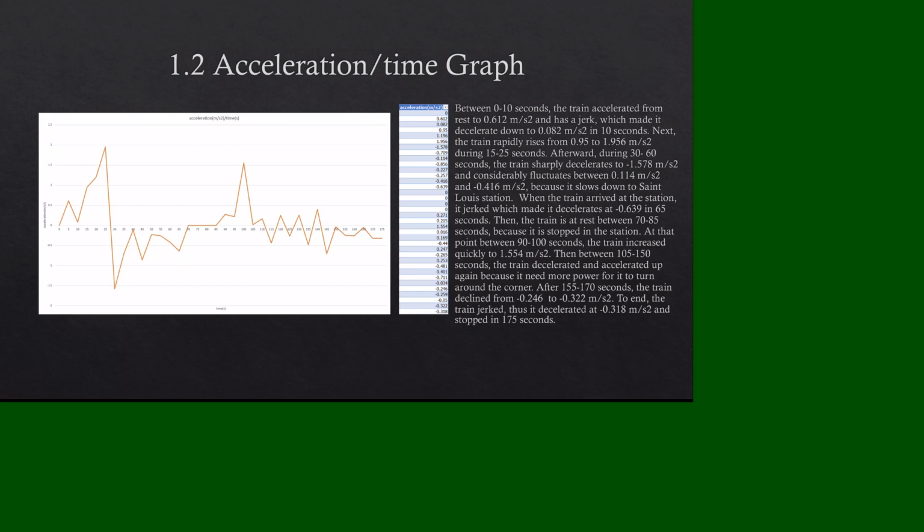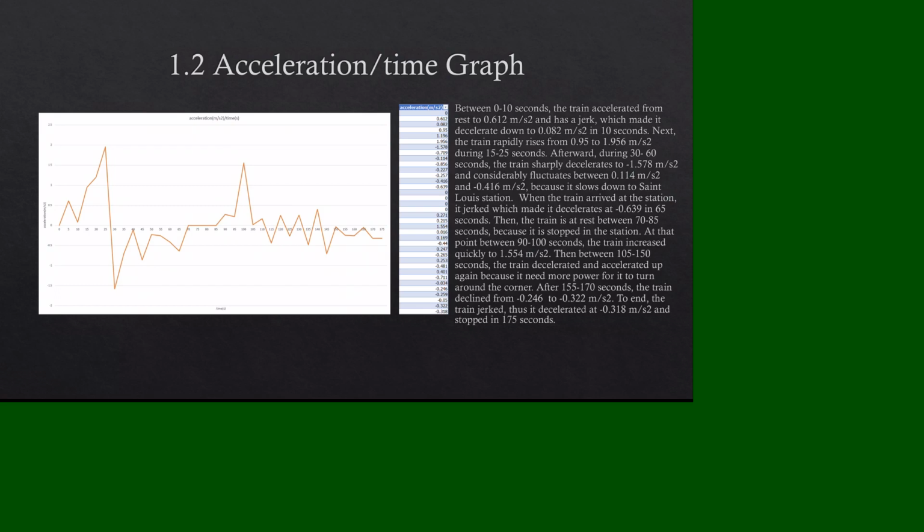When the train arrived at the station, it jerked, which made it decelerate to around negative 0.6 at 65 seconds. The train is at rest between 70 to 85 seconds because it is stopped at the station.